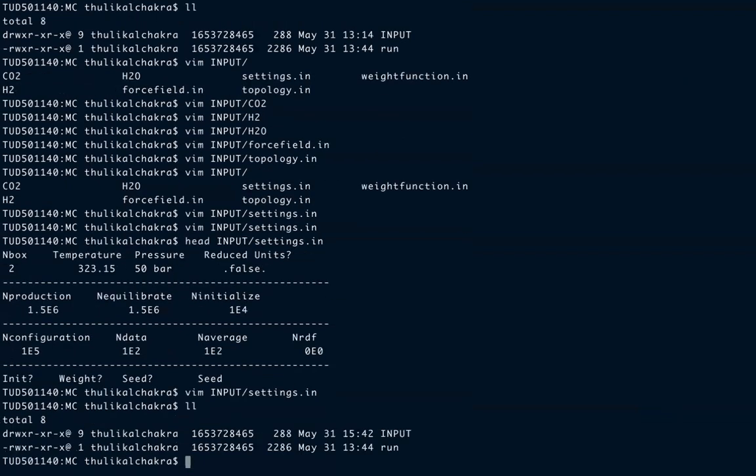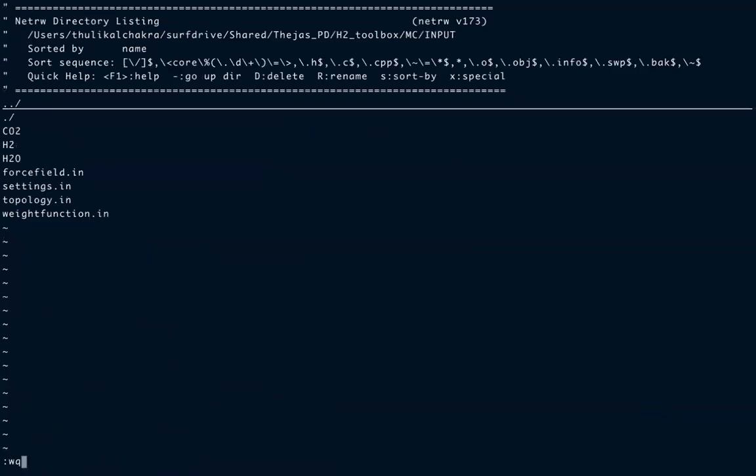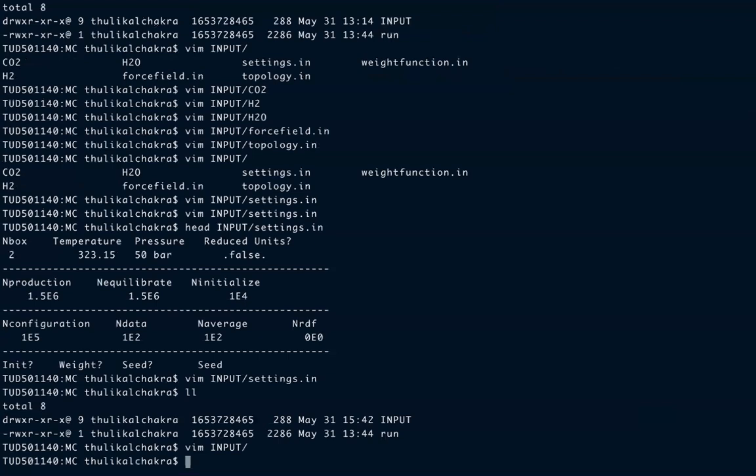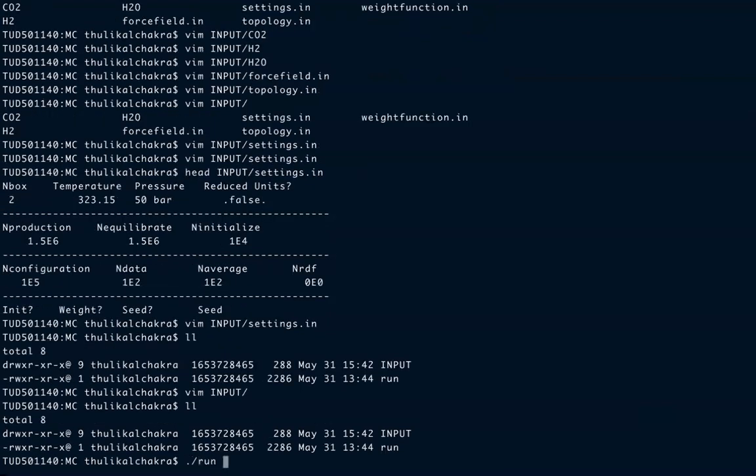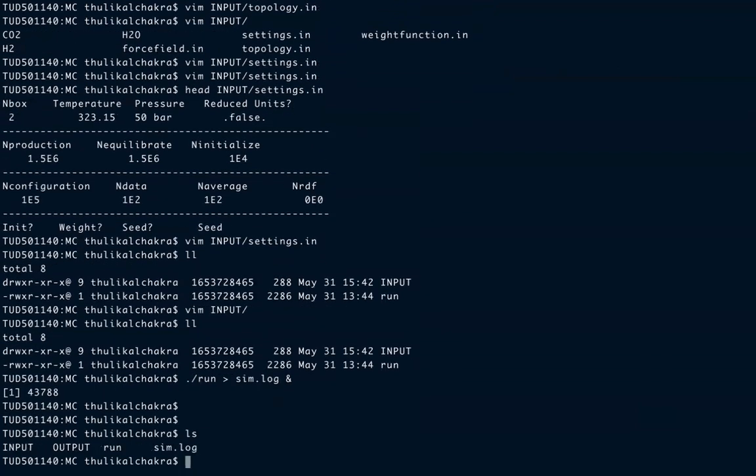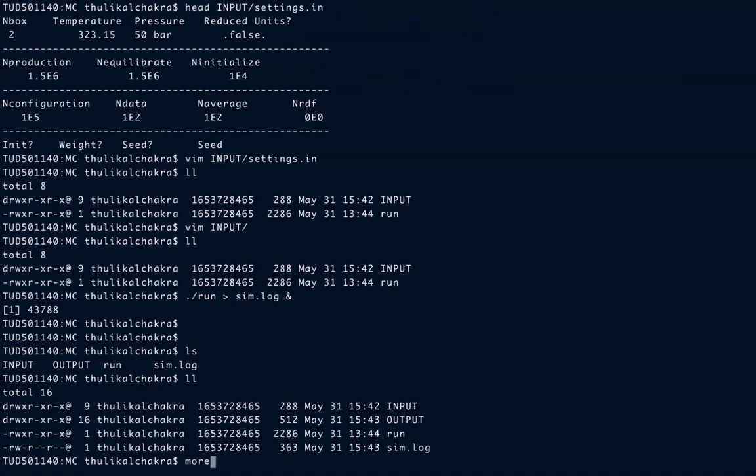Now, this is pretty much it. I have explained all of the input parameters. And finally, now we can run the simulation. All you have to do is say run and sim.log, and see that the simulation has already started.